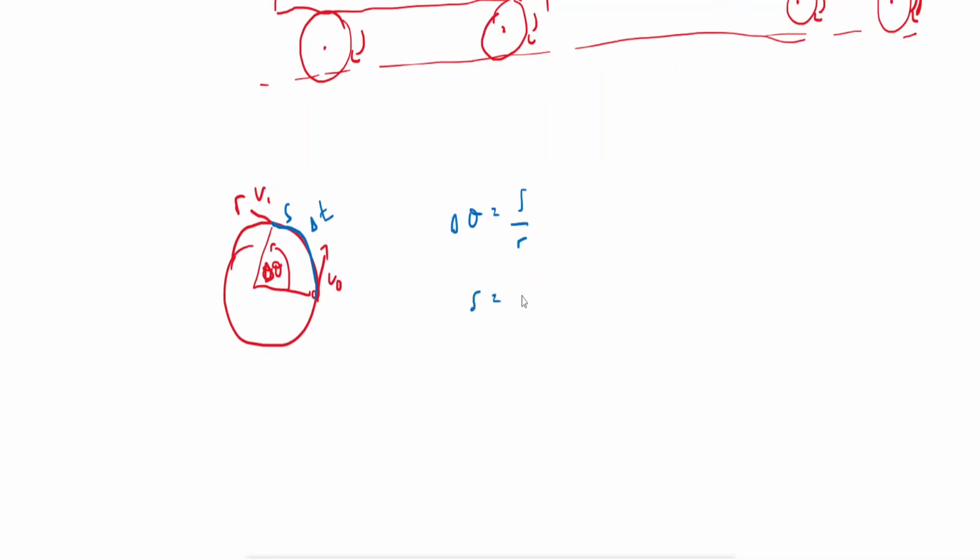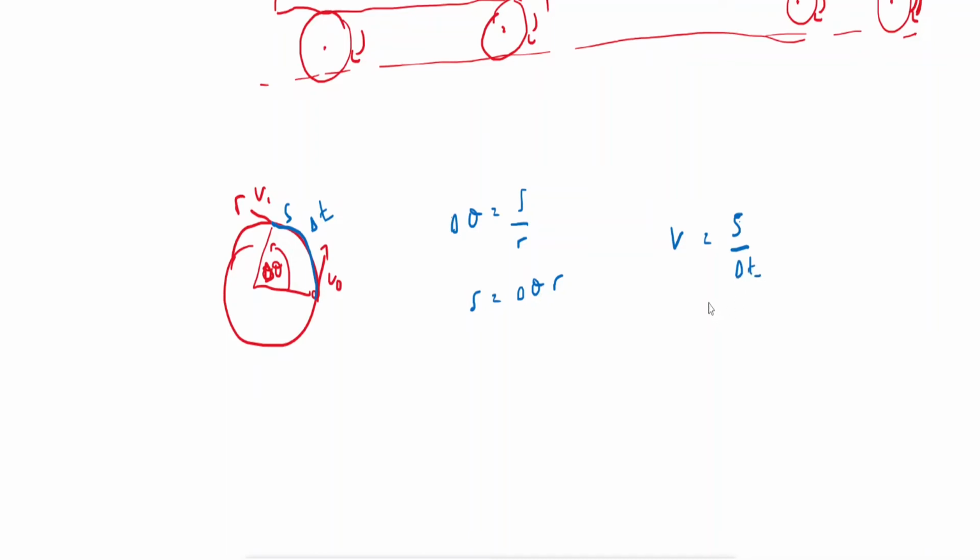Which means that S is going to be delta theta multiplied by R. But we know that the speed v, if we wanted to know the speed of any object moving from point A to point B, even not linear, even here, is just going to be given by the arc, which is the distance that they were going to cover, divided by time.